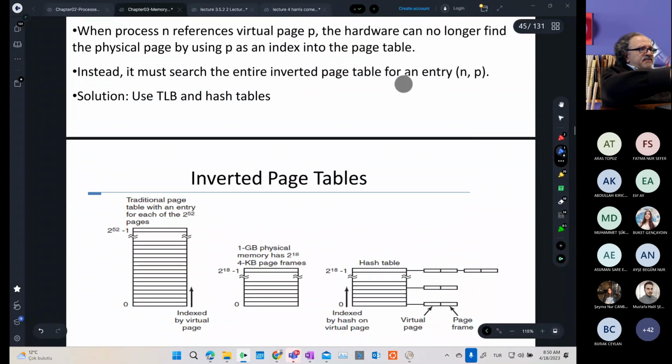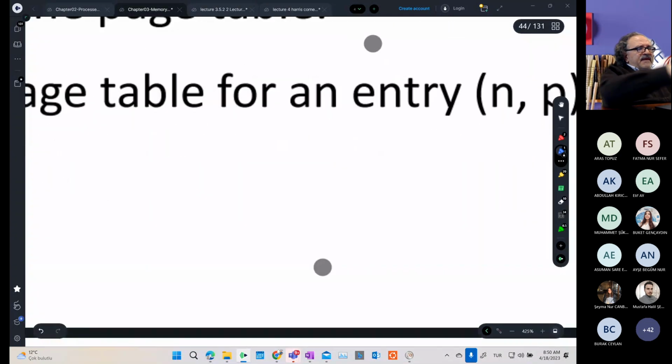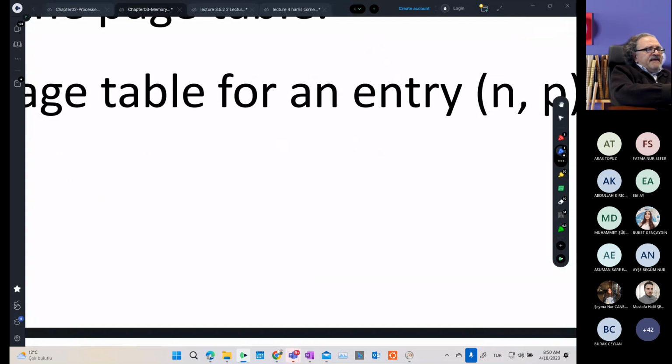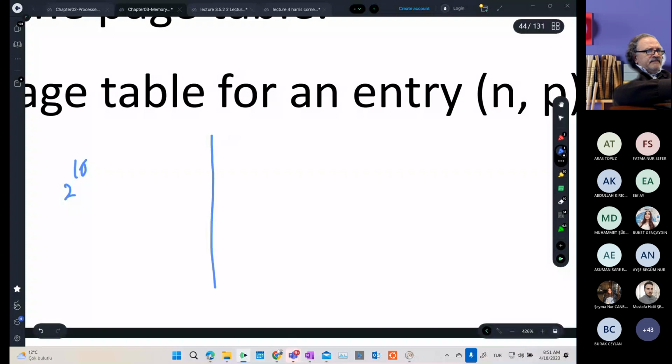Let's look at this very simple case. Let's say I have a virtual address space of 16 bits. So 2 to the 16 is my address space, with 4 kilobyte pages.